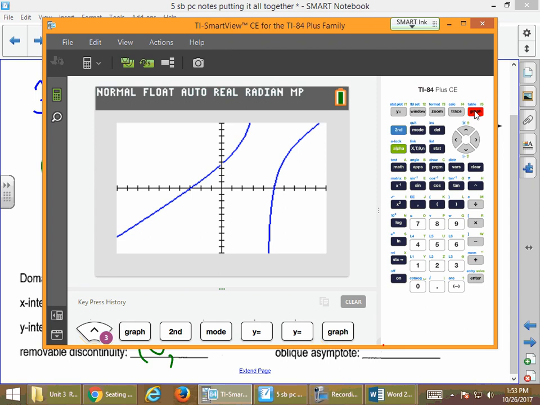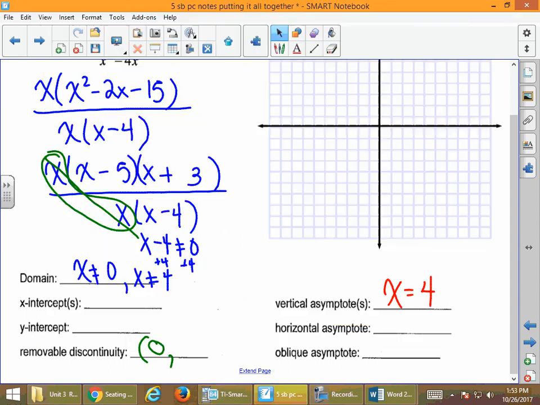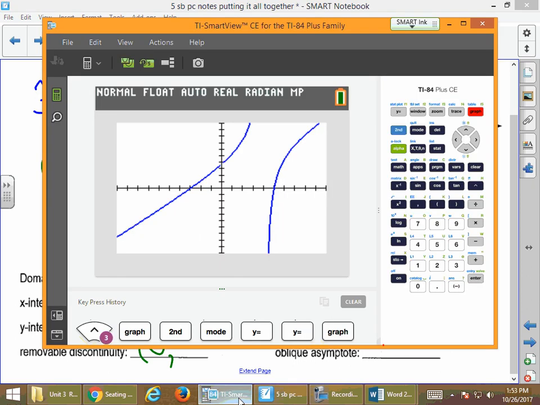There seems to be a gap right there. The other part here is that we just said that the vertical asymptote was x equals 4, which would be right in here. Does that make sense? Your calculator can help you determine if your answers are reasonable.